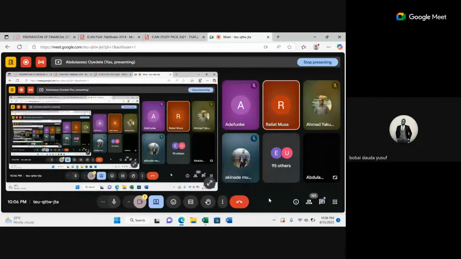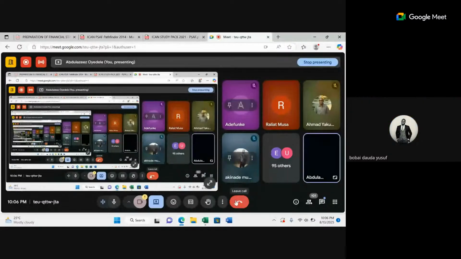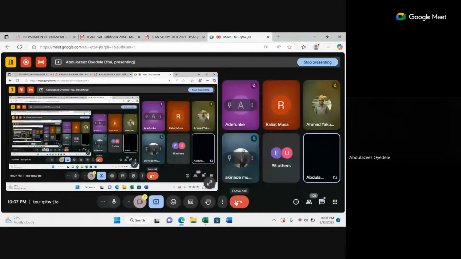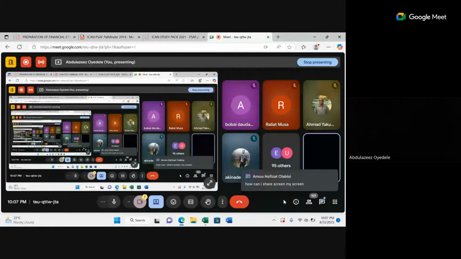Even though the groups are locked, I don't think anybody can drop any solution on the group. Yes, you can't switch because the group is locked. Since you guys are using your phones, you have to find another way.